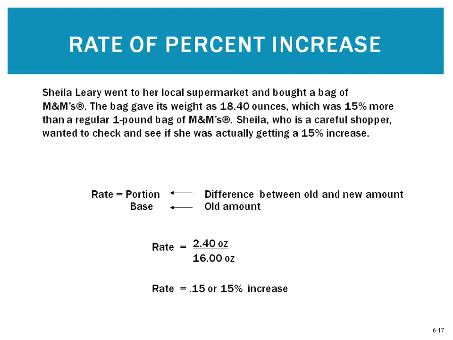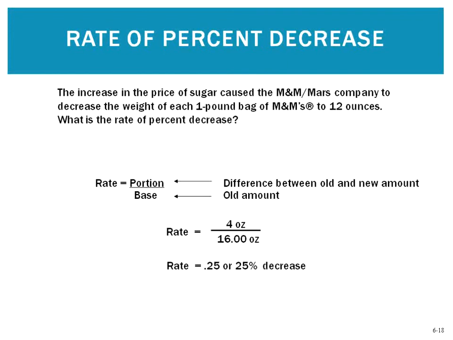So 1 pound is 16 ounces. That's the regular, the initial amount. It changed to 18.4. What's the difference? 18.4 minus 16, which is 2.4, divided by the old amount. So 2.4 divided by 16 and calculate it, and that is 0.15, and then you move the decimal 2 places to the right to get your percent, 15%.